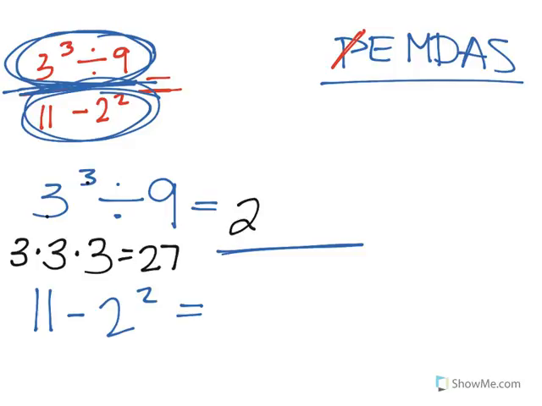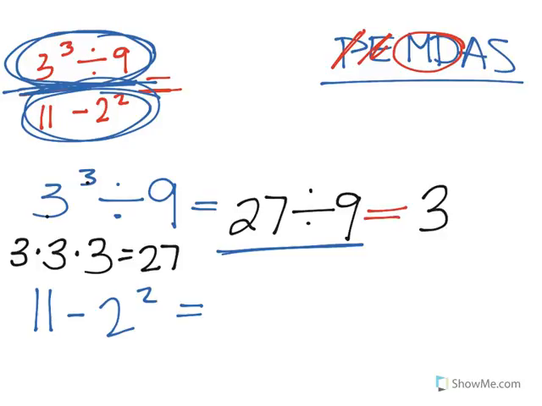So we have 27 divided by 9. So we have no more exponents. We do have a multiplication or division. In this case, it's a division. And so 27 divided by 9 is 3. And we're done with the top portion of the division.